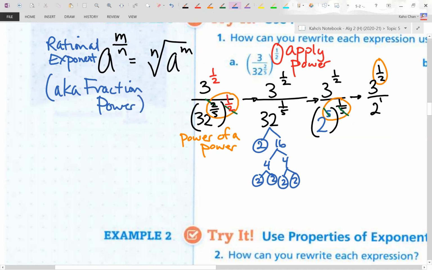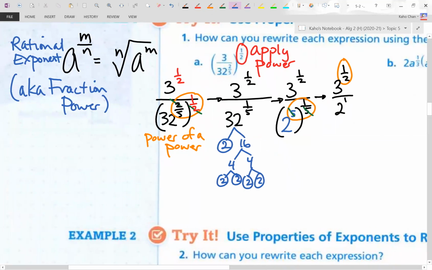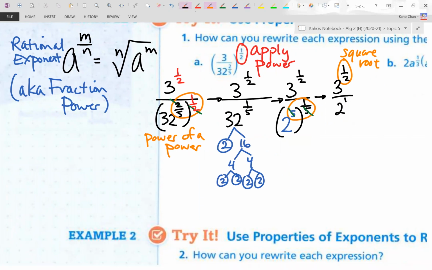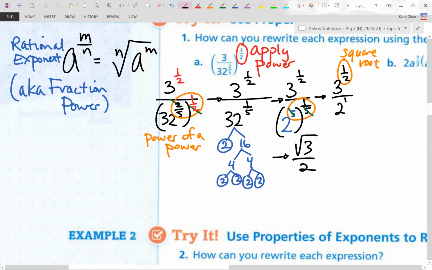Right? This is back from Algebra 1. I'm going to take that 3 to the 1/2. That's literally the square root. So I can make this look nicer with radicals. This is the square root of 3 over 2 as my answer. Okay? Not too bad. Any questions? Let me know.